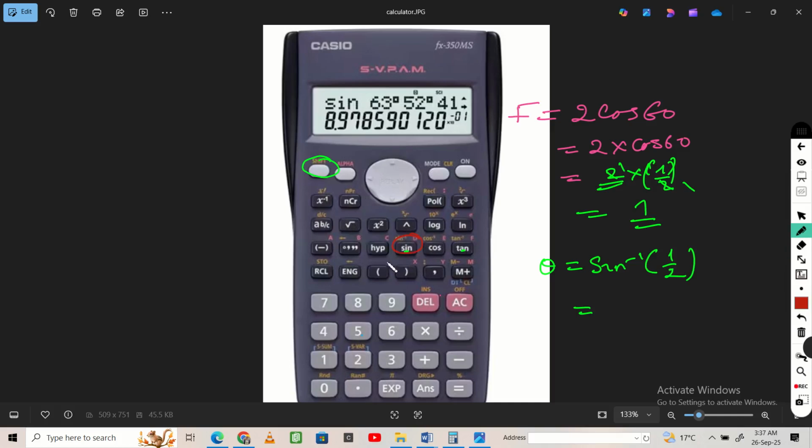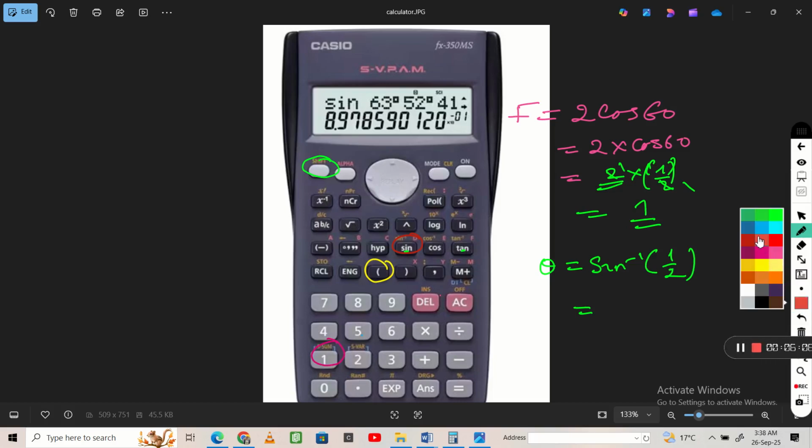When you press sine, you have to open the bracket, then write the number. My number will be 1, and the next will be the division sign.